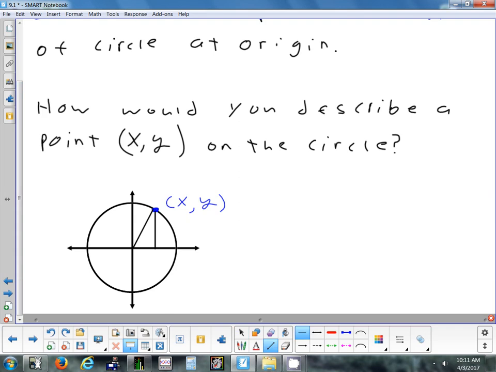So I'm going to draw a line segment from the point perpendicular to the x-axis. Here's my x component. Here's my y component. All I need to do is come up with two separate formulas, one for the x and then one for the y. But what else would you have to know here?